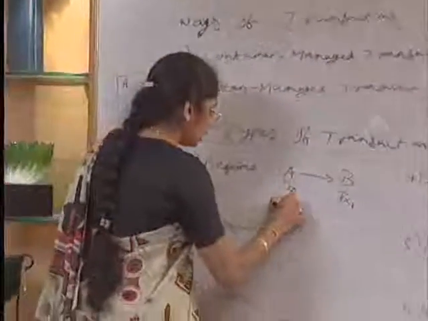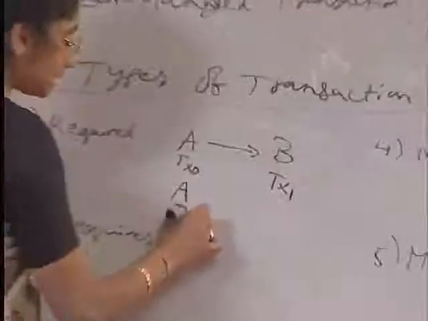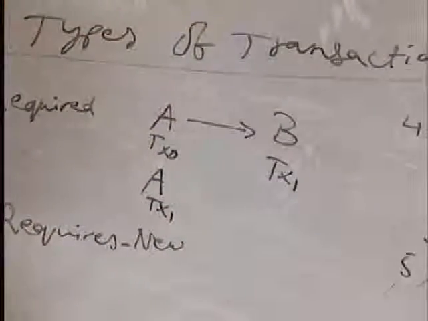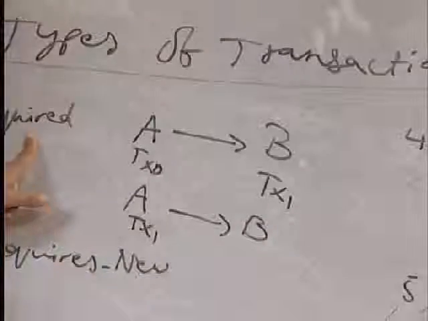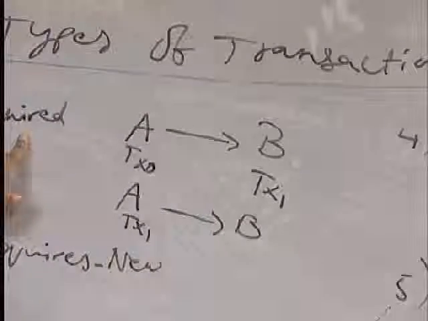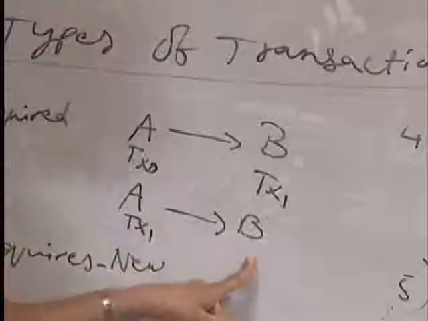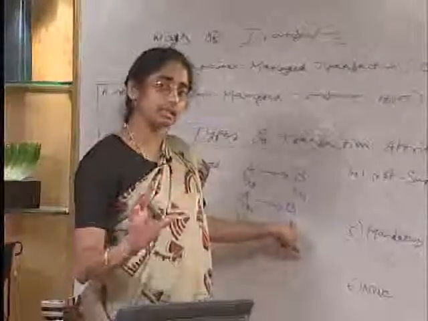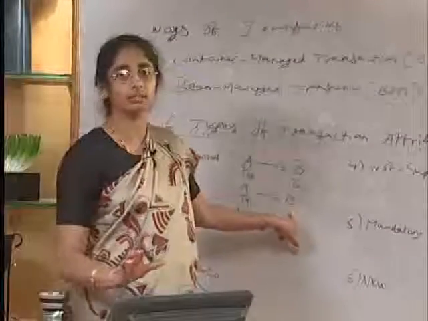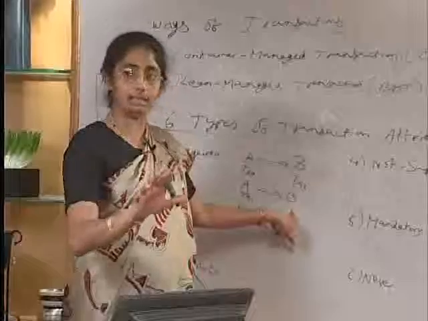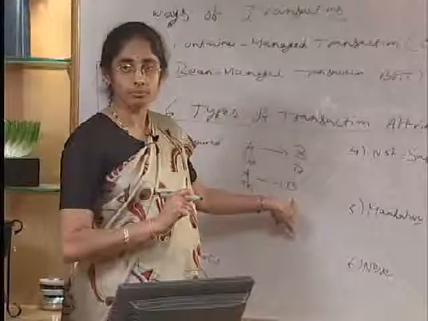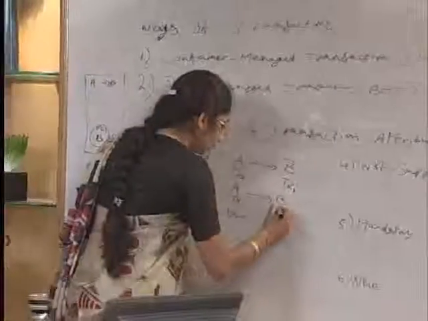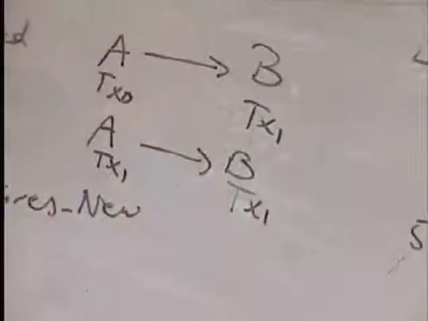Let's assume I have method A, which is in a transactional context, and calls B, which has been specified with required. In that case, B just says that I require a transactional context. So if it already exists by the method which is invoking B, then B also belongs to the same transaction context.